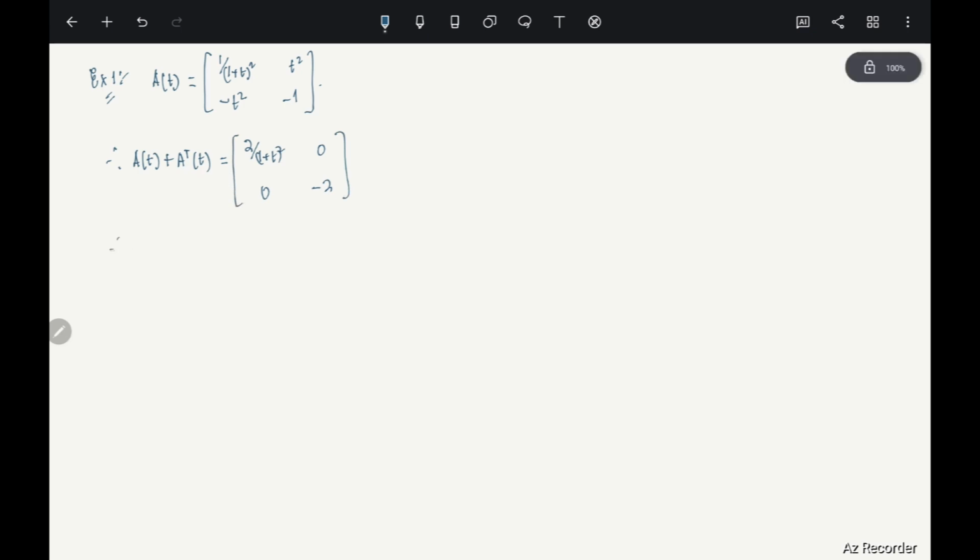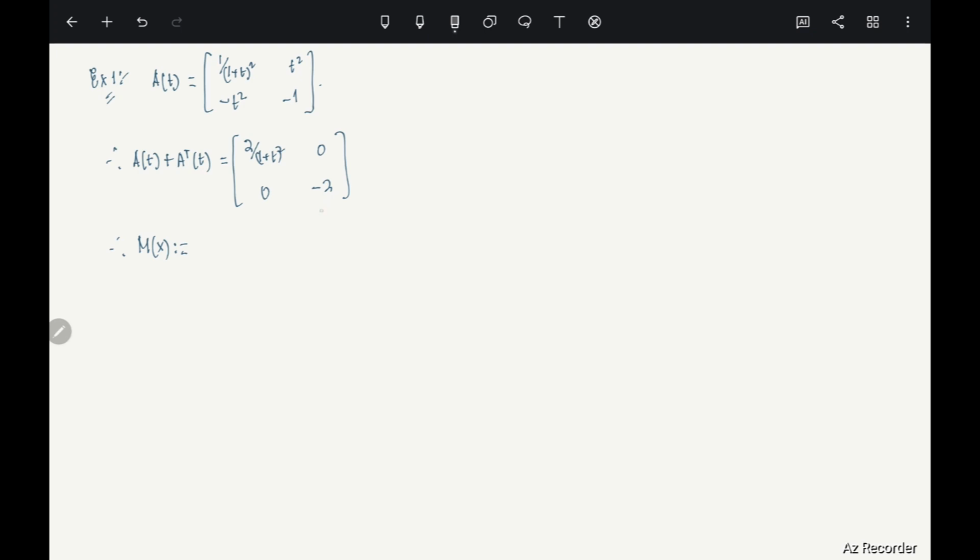And therefore, what is m(t)? Define m(t) to be the maximum of all the eigenvalues. For this matrix, which is like a diagonal matrix, the eigenvalues are 2/(1+t^2) and minus 2.